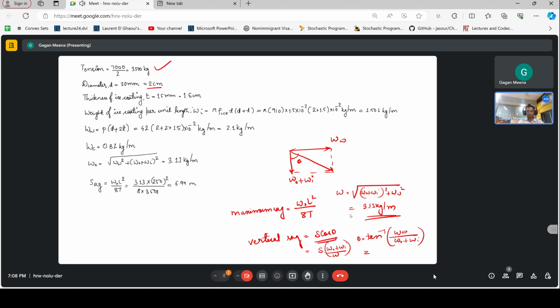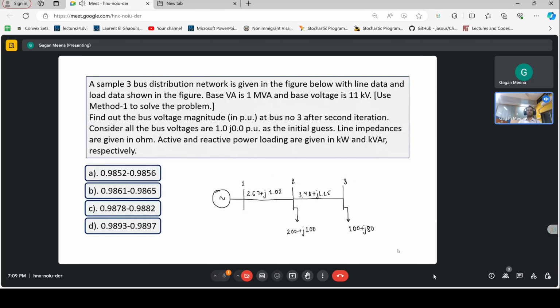Next we entered into the domain of distribution system analysis or distribution network analysis. The sample 3-bus distribution network is given below with line data and load data shown in the figure. So base VA is 1 MVA and voltage base is 11 kV.